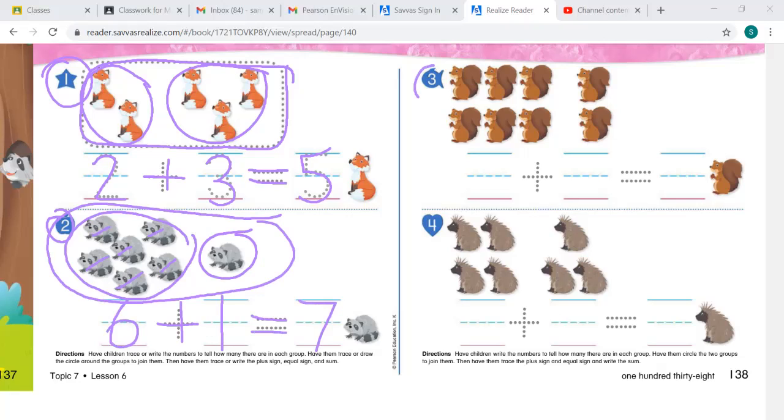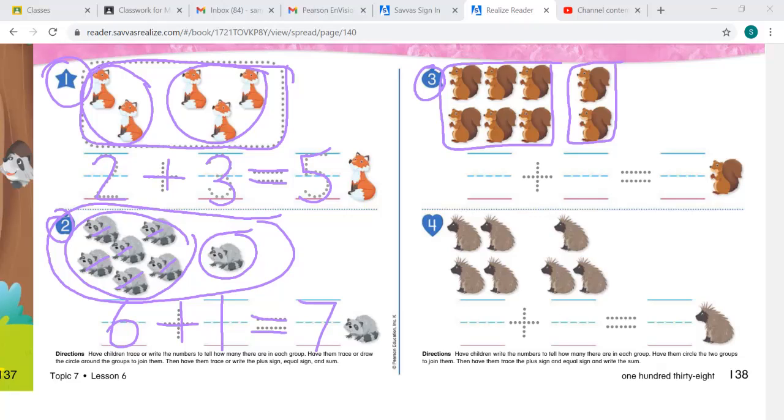Let's go to number 3. Count our groups that we have. We have some squirrels here. We have 6 squirrels, and we have another group with 2 squirrels.